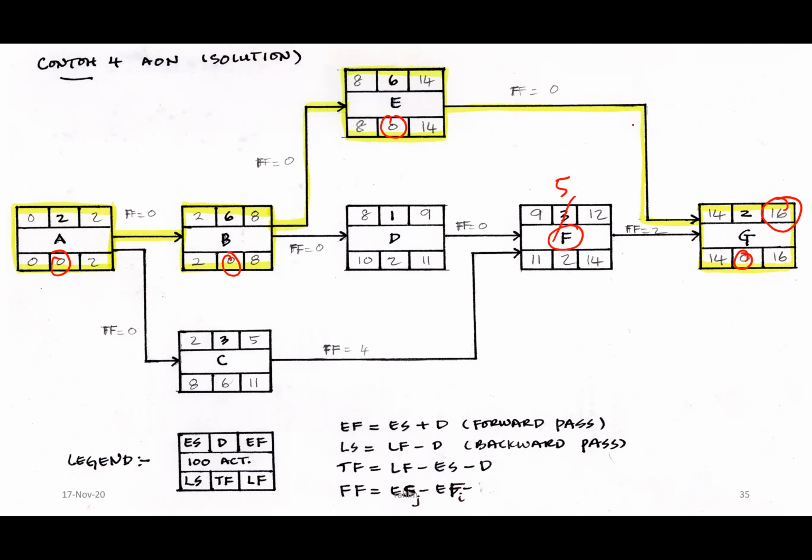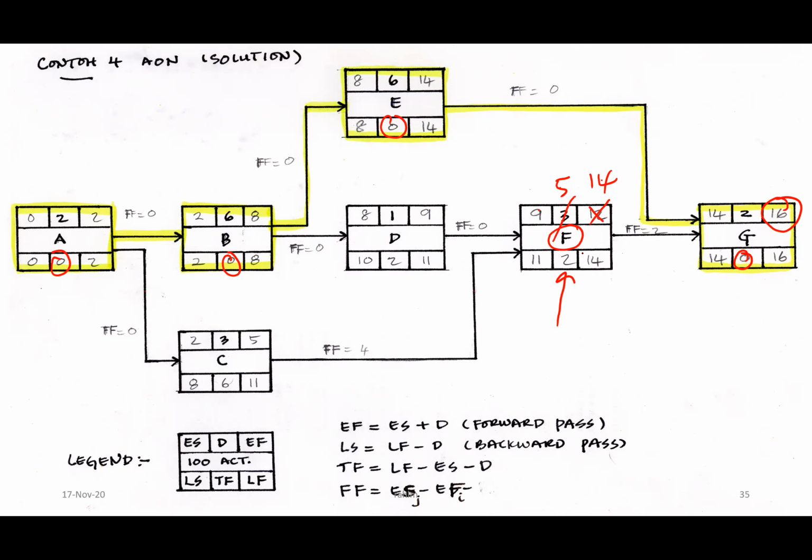So what would be the impact on the overall project duration? You do the calculation again. 9 plus 5 equals 14. So this is no longer 12. You see 14, and this is also 14. So we have already used up the total float to the maximum allowable value. So it is still okay. The project will not be delayed.